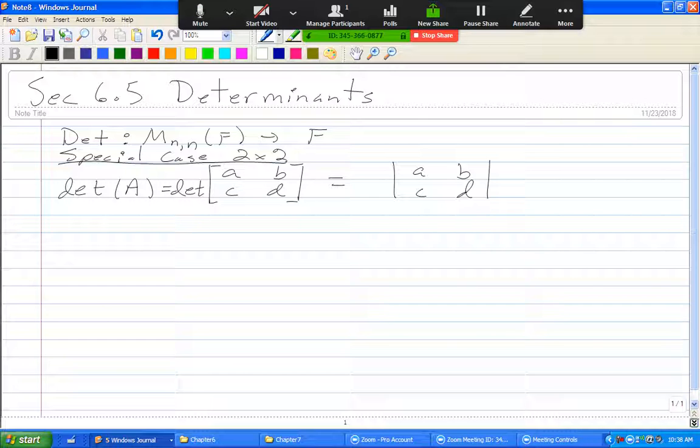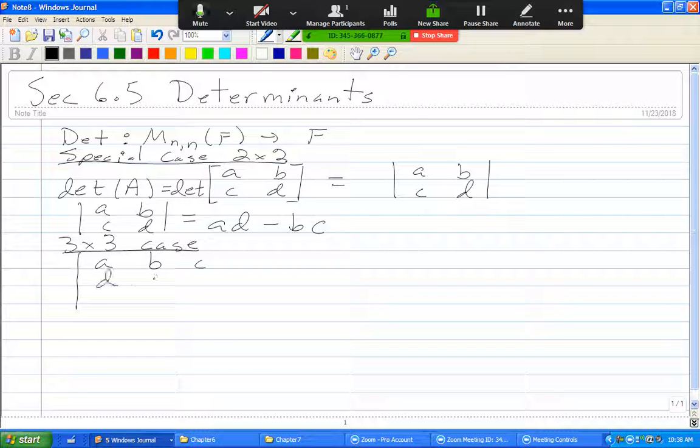Okay, so now the special case for 2 by 2 is the following formula. It's just equal to A times D minus B times C. Okay. Next, let me give you a special case for 3 by 3s. Again, this is some special case.